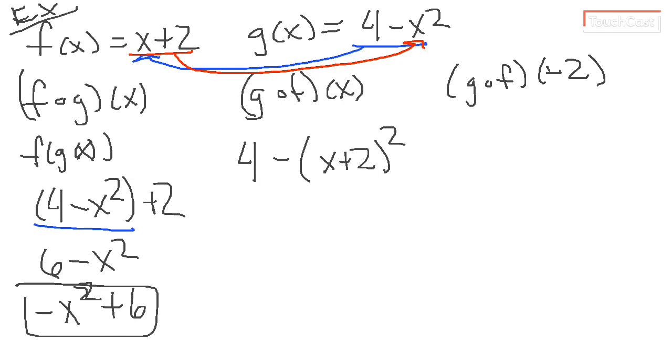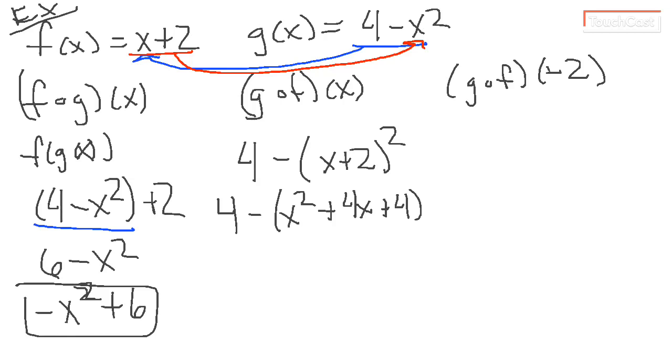Now we learned in an earlier lesson that x plus 2 squared does have a formula that we can use to expand it. So we're going to have 4 minus x squared plus 4x plus 4. Because that's a perfect square right there.